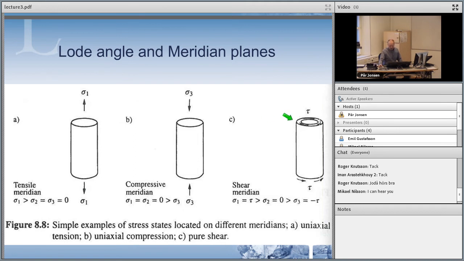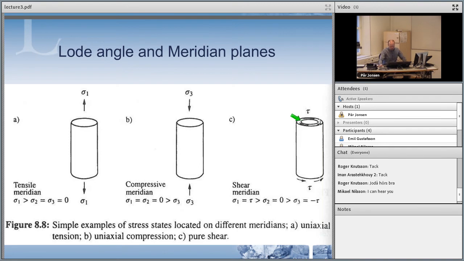And if I have pure shearing, I don't push or pull anything, I just shear my material. Then I will have something like this. I put a torque up here and, the other way around, another torque, equally large.